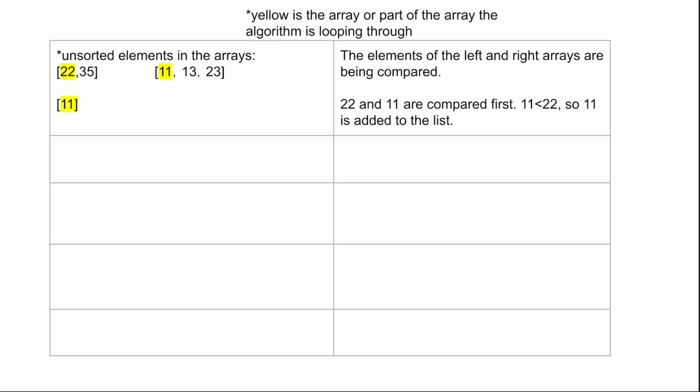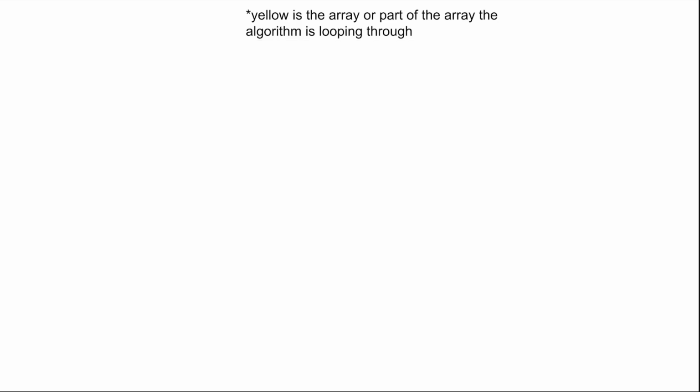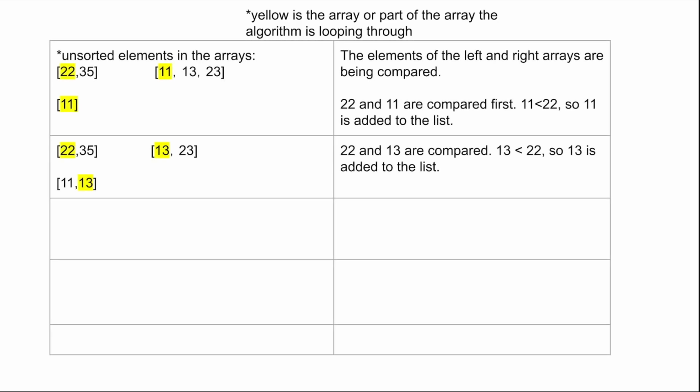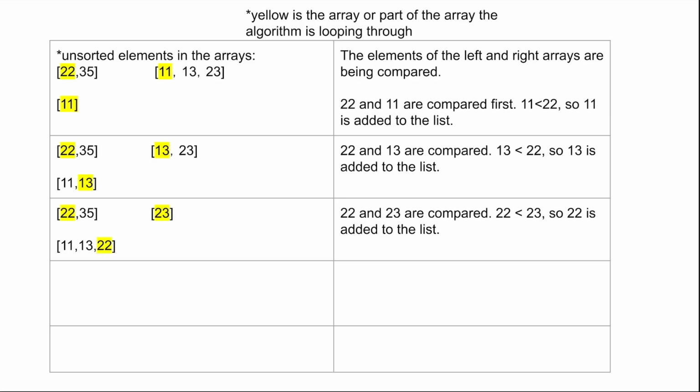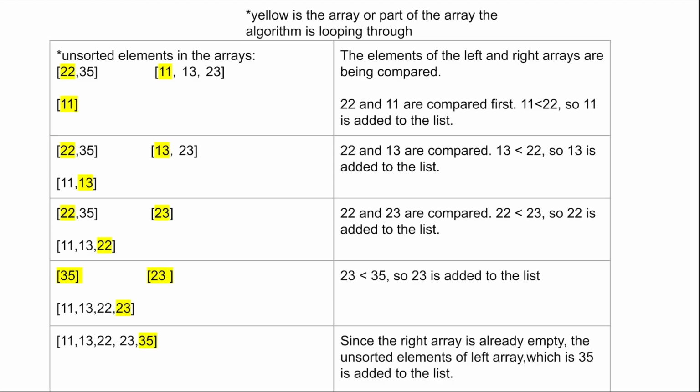And after that, the two parts are going to be merged together. So first, 22 and 11 are going to be compared, and 11 is going to be appended to the list. So the algorithm is going to keep comparing the two parts until all of the elements are added to the list. Finally, this whole list of sorted elements is going to be returned.